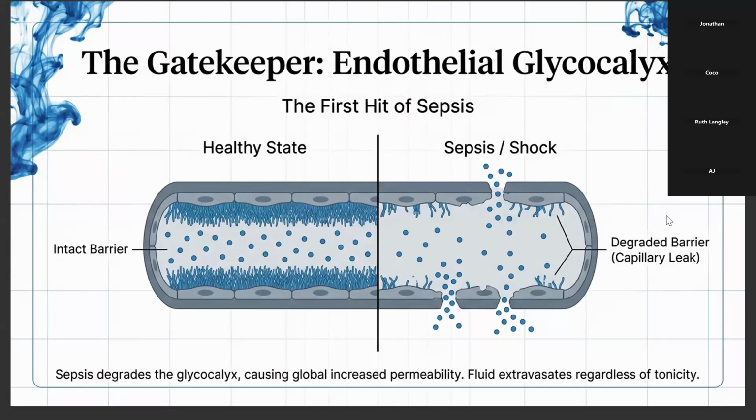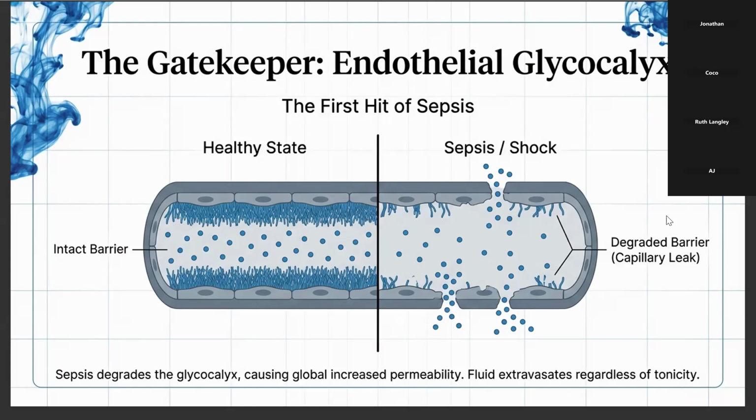Looking at sepsis, and sepsis is one of the things where our patients' cellular membranes and vascular membranes become leaky. And you may have heard of the glycocalyx membrane. This is a lining within the vascular walls, which when it is intact, stops a lot of that fluid from moving. But sepsis degrades that glycocalyx and the cell walls break down.